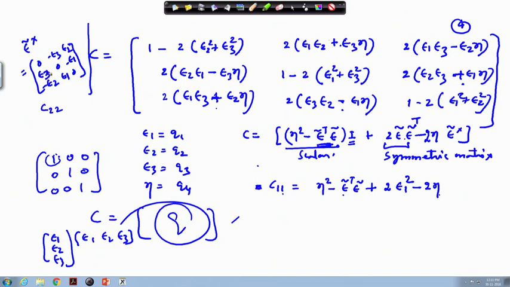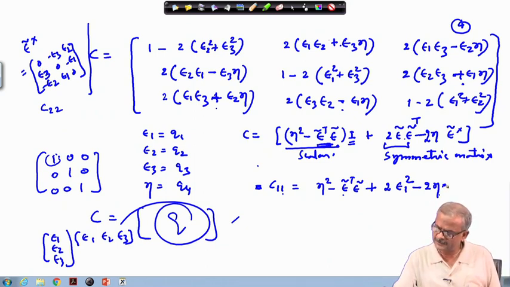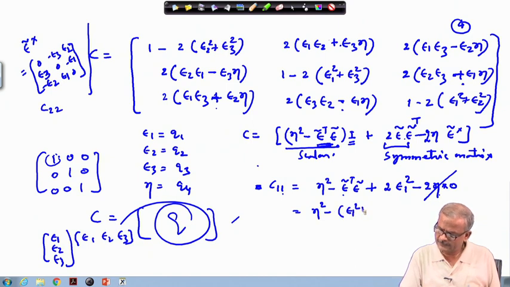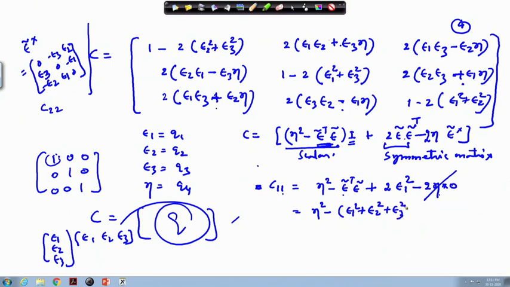So, the diagonal term here is 0, so you multiply it by 0. Therefore, this goes, and we are left with only this term. So, eta square minus epsilon 1 square plus epsilon 2 square plus epsilon 3 square plus 2 epsilon 1 square.